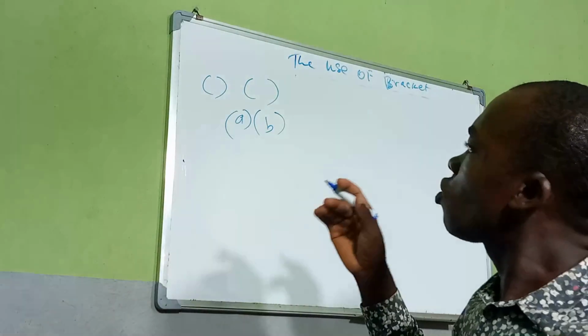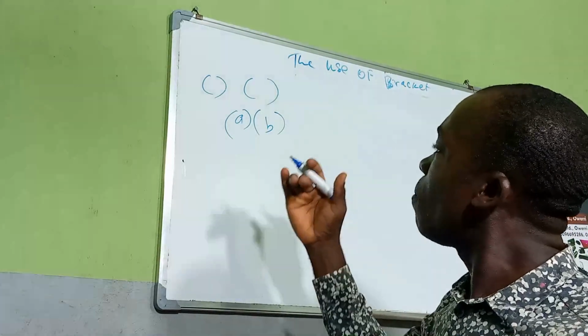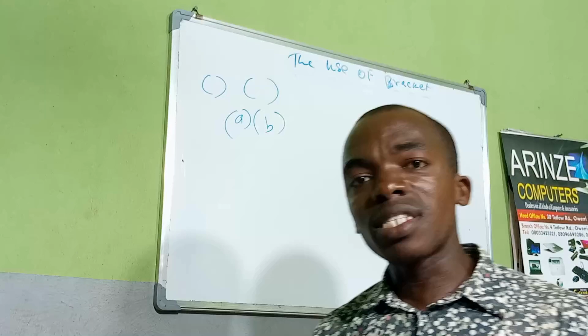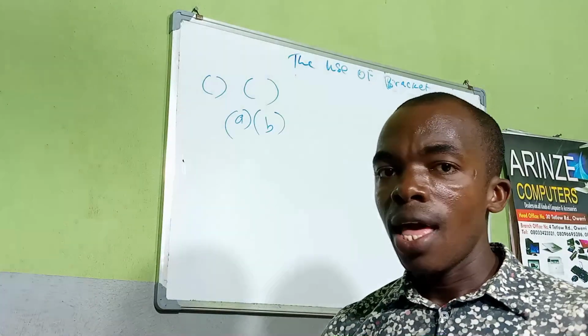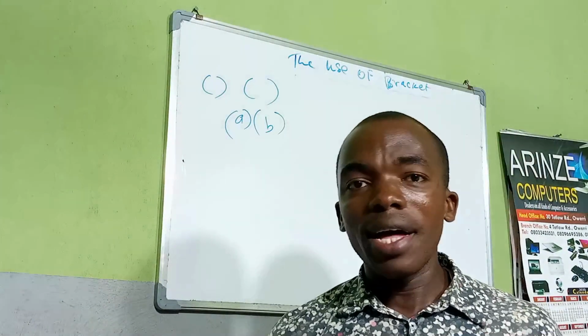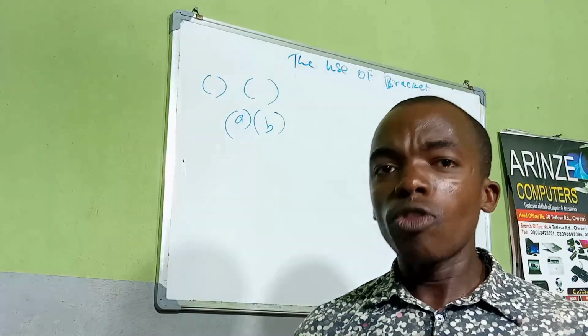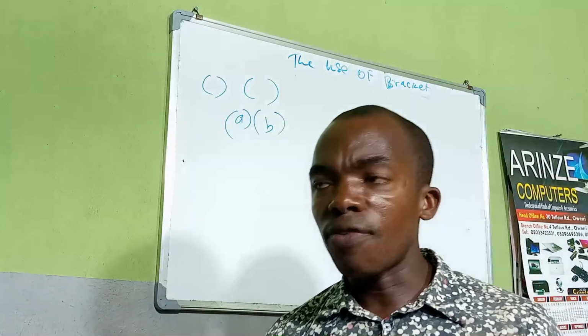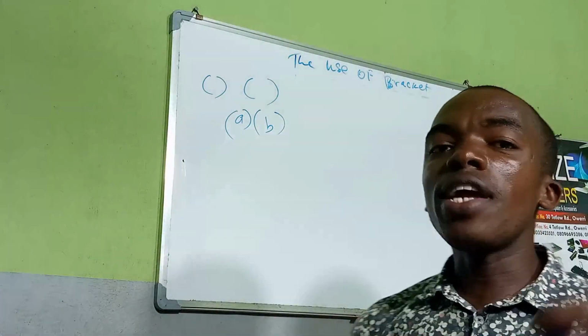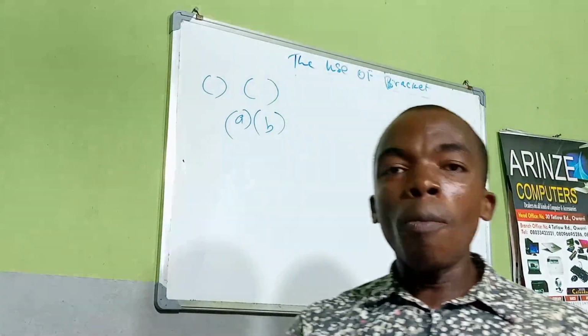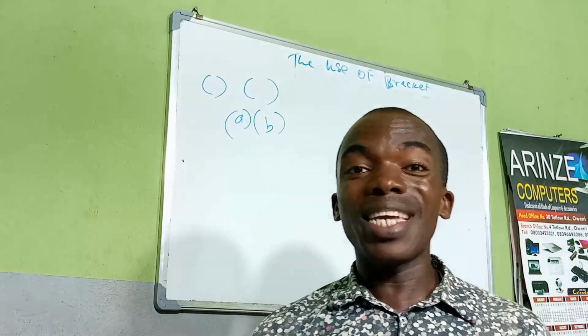So now there are some cases when a number that is not closed in brackets will multiply a bracket, and there are some cases where a number that is not closed in brackets will not multiply a bracket. Let me call it a naked number.